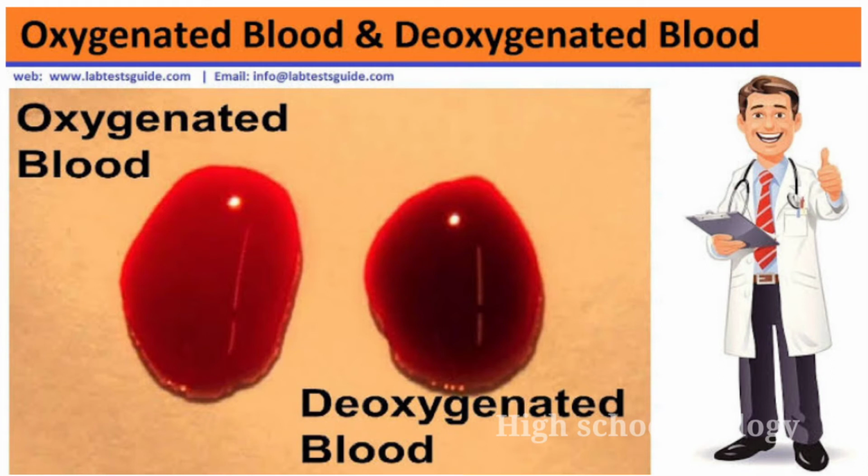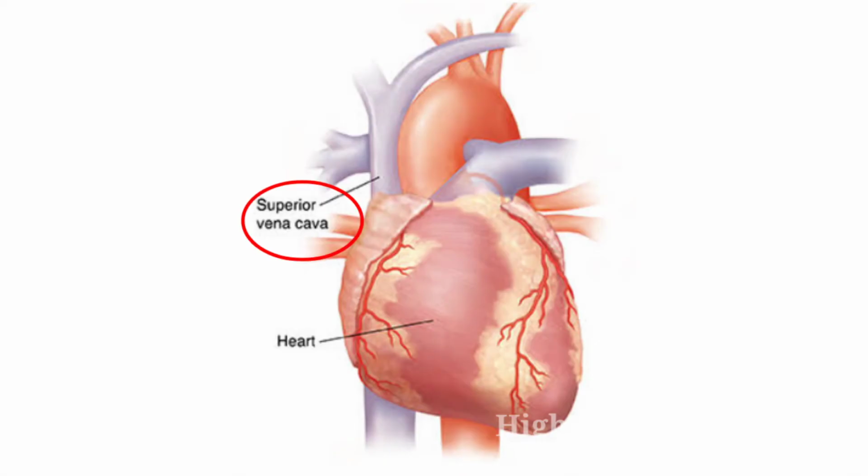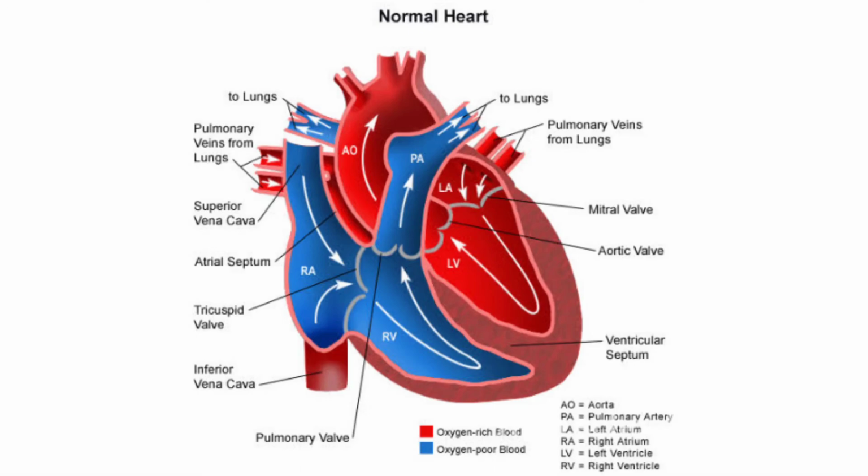The right auricle receives deoxygenated blood from the different parts of the body through a pair of veins called the superior vena cava or precaval vein and the inferior vena cava or postcaval vein. The left auricle receives oxygenated blood from the lungs through a couple of pulmonary veins.